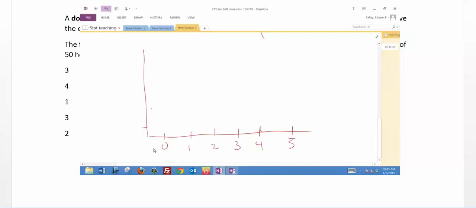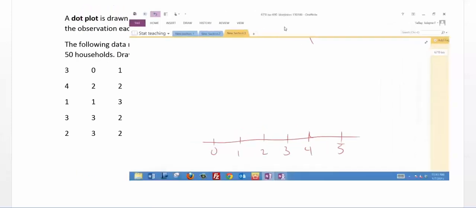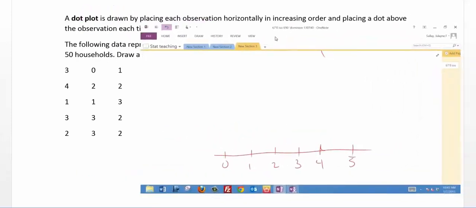The nice part here is, as we see an observation, we just put a dot on top of that number, and we just need to make sure our dots are uniform in their heights.